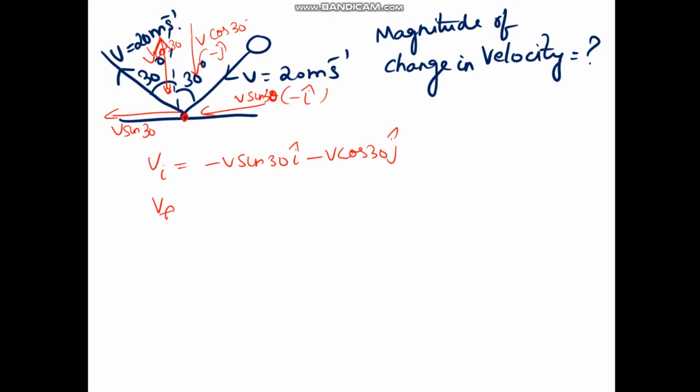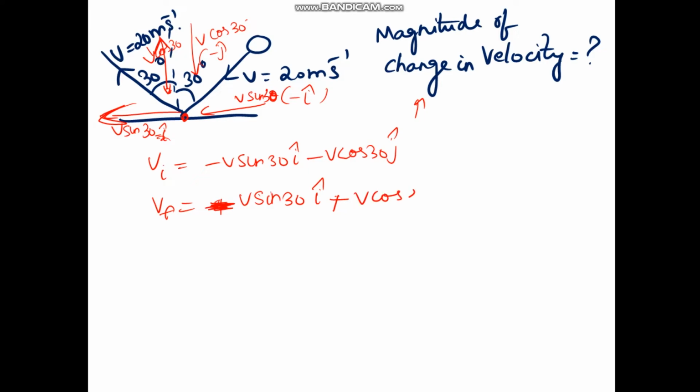And the final velocity after bouncing: first the i component, this is also along the negative direction, so minus v sin 30 into i cap. And I am taking plus v cos 30 j cap, since it is pointing above.